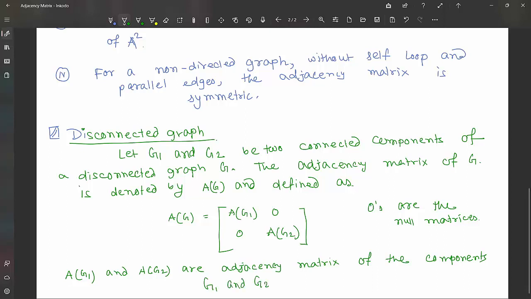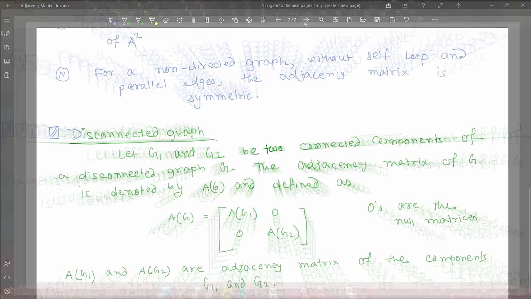Since G1 and G2 are connected, by using the previous method you can easily calculate the adjacency matrix for G1 and for G2. After calculating AG1 and AG2, you just assemble these matrices to form the disconnected graph.